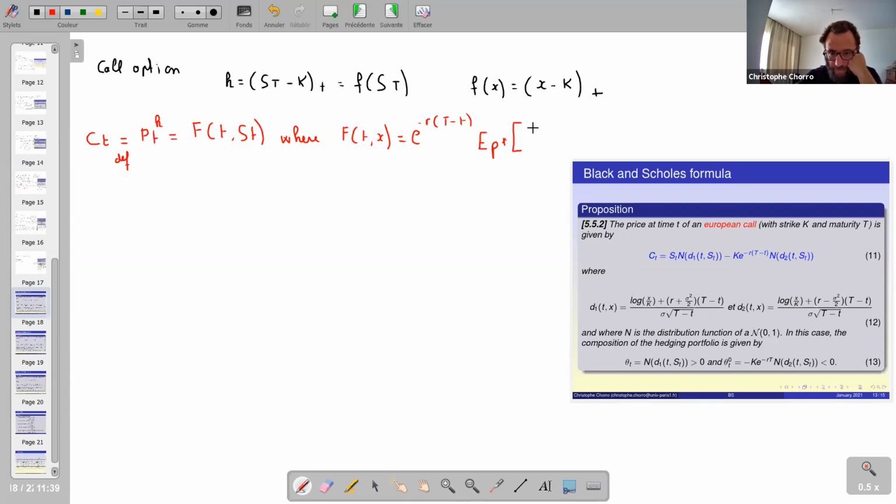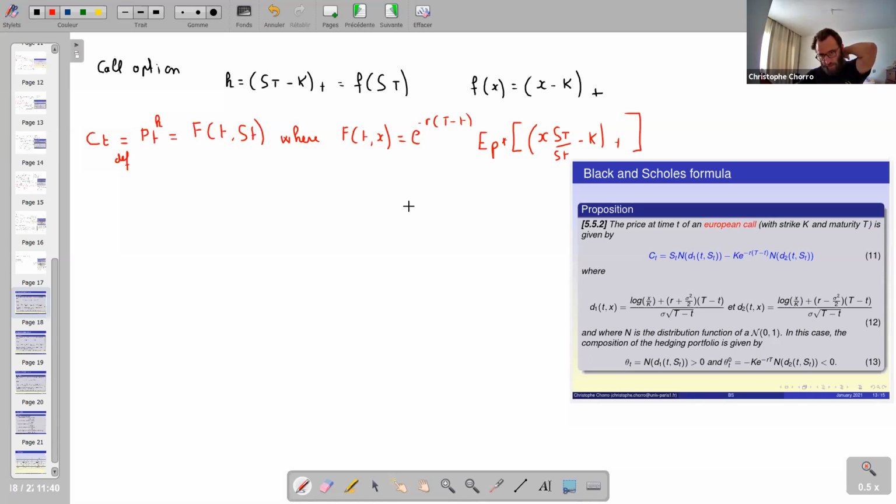So it is exactly this one, and now what I want to do here is to be able to compute this explicitly.